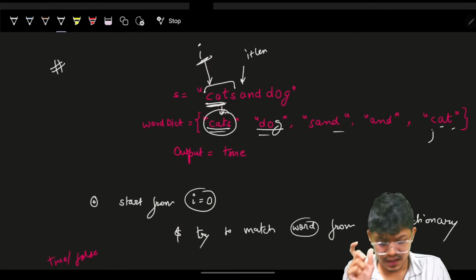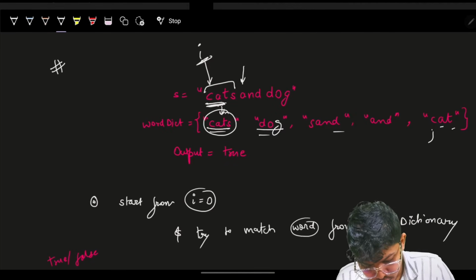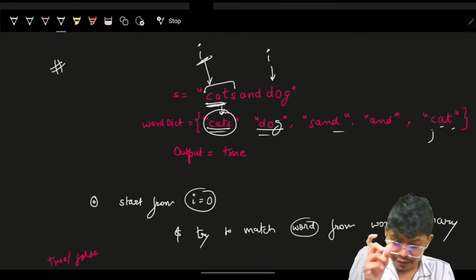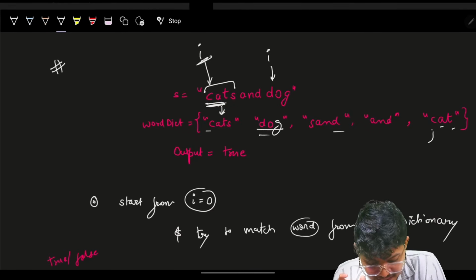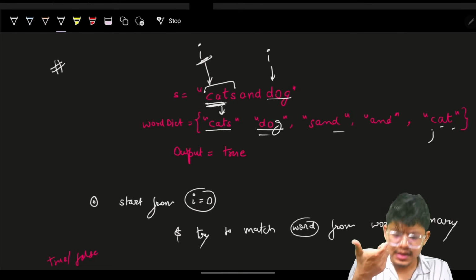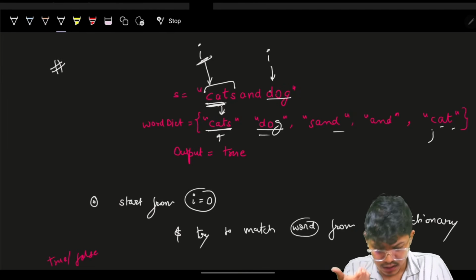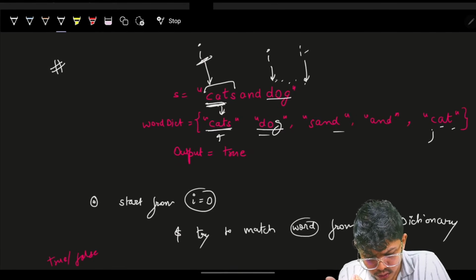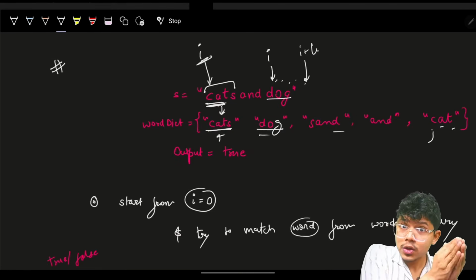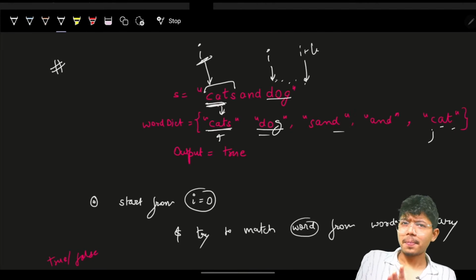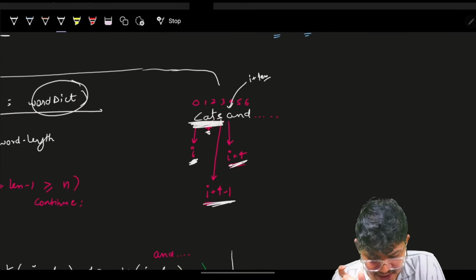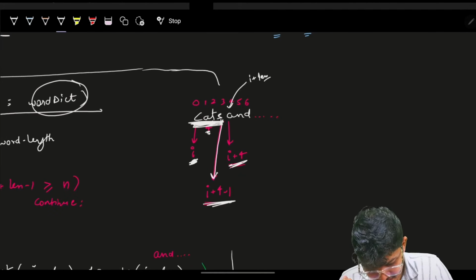Now let's imagine you are at this specific index I, so you would have gone and checked, is cats matching with dog? But then you will see, okay, cat's length is 4, and I plus 4, oh, that's actually equal to n. So, as I showed you, this is the last index.